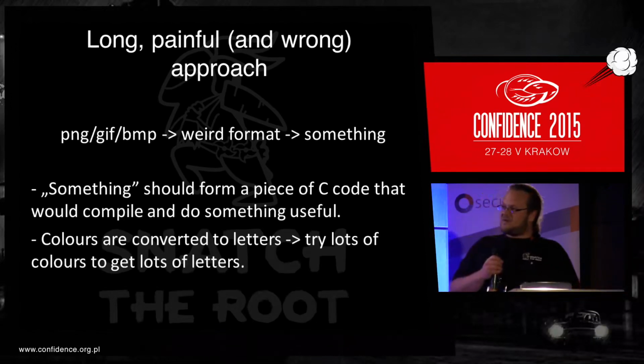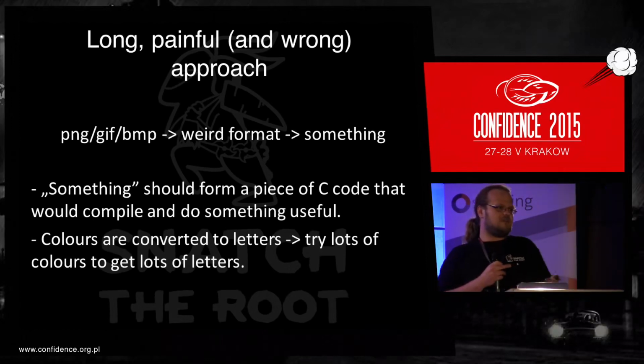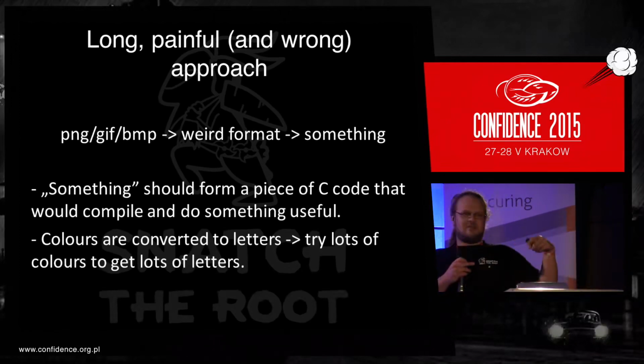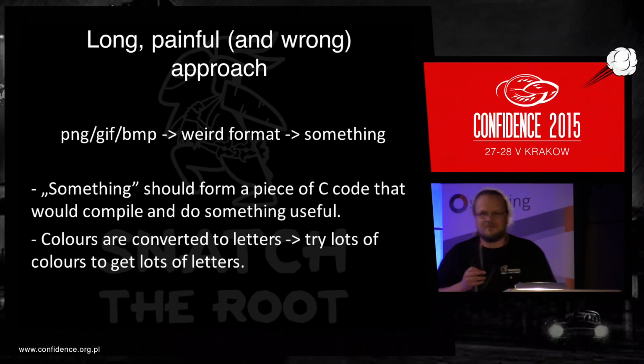The format begins with a color table. Each color was converted to letters, and then those letters were used to describe the image. So my idea was, let's use lots of colors, create lots of letters, and then maybe try to assemble something from single pixels to make something happen.